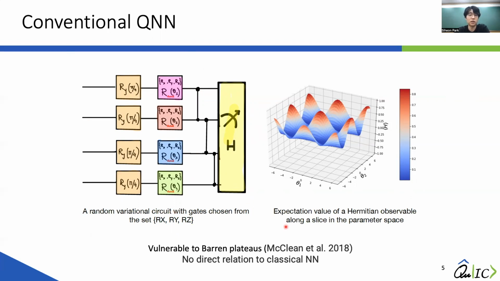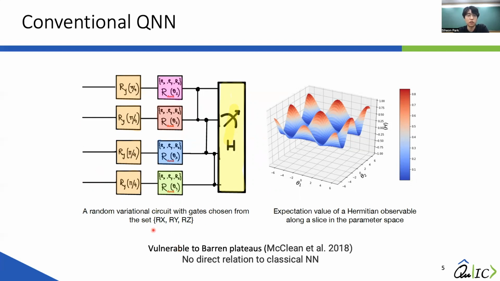But the problem of this architecture is that there are barren plateaus. It is very vulnerable to barren plateaus. What it means is that the gradients, or the variance of gradients, decay exponentially with the number of qubits we are using.